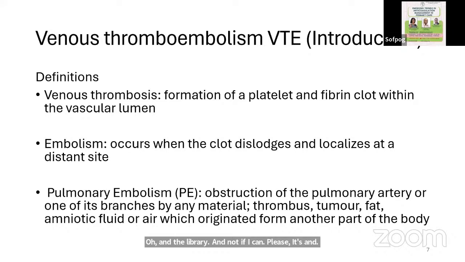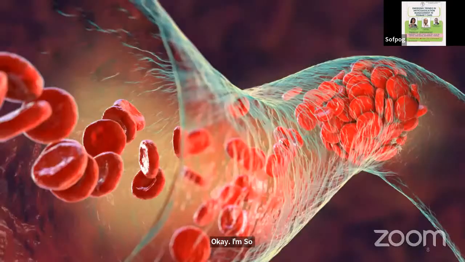An embolism can be of any material: it can be a thromboembolism, or it can be fat or amniotic fluid, depending on where it arises. Venous is the type of thromboembolism.